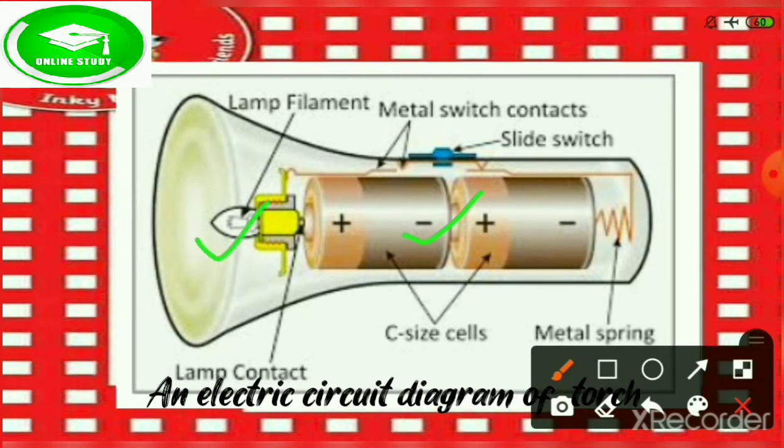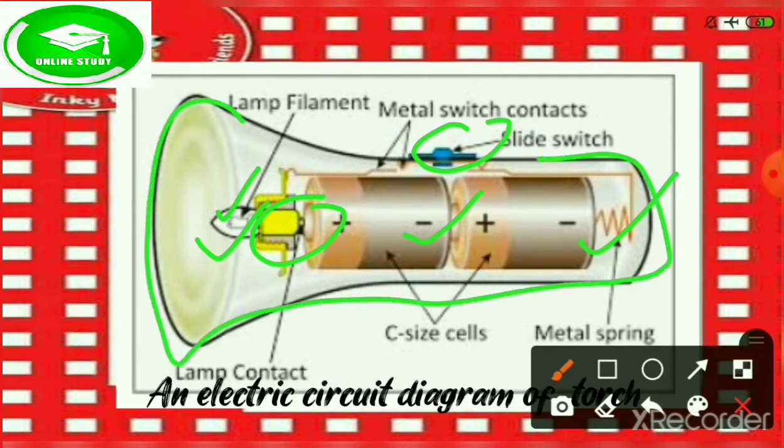Here is a bulb and the lamp filament. The bulb is connected with the cells or battery through what we call the lamp contact, and here is a metal spring and a switch which we can slide to keep on or off. And here is the outer covering layer of the torch that we call the case.